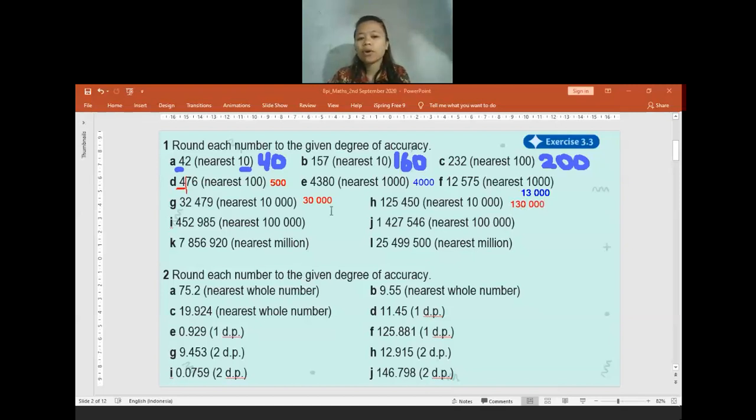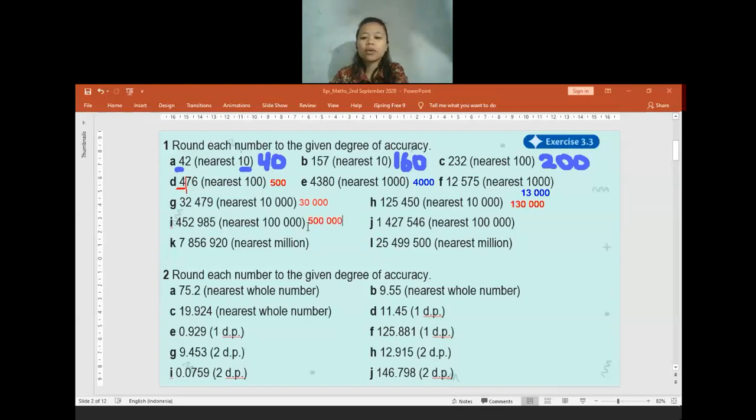Okay, if no one has confusion, let us move to question I. Yes, the G is 30,000. For question I, if we round off the number to the nearest 100,000, yes, it will be 500,000.